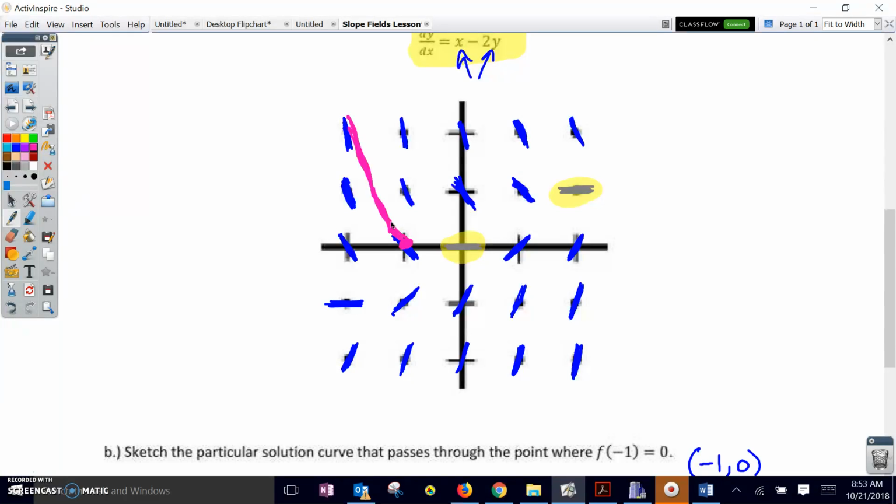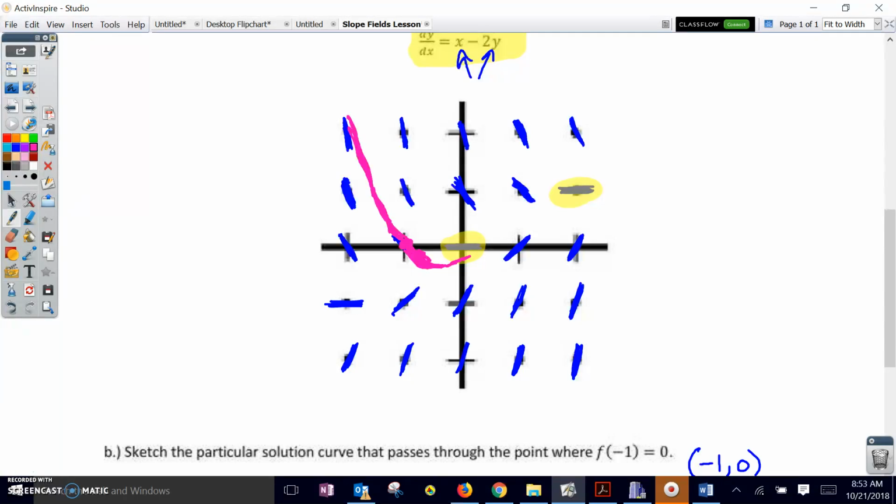And then when it hits this line right here, it goes horizontal. The line that's going through all of these slope lines that have a slope of 0. And then to the right of those, the slope is going to slightly increase.